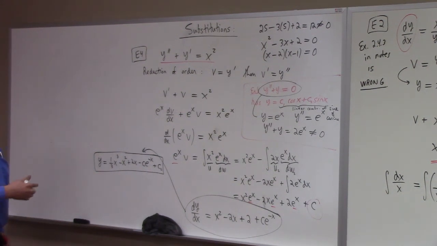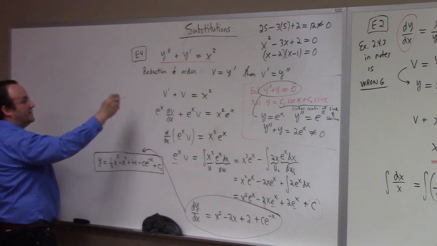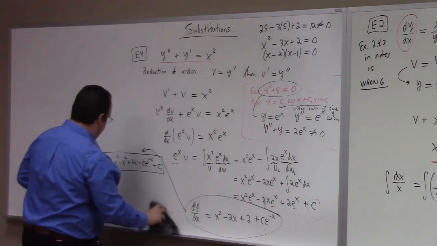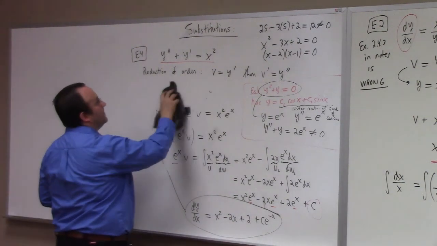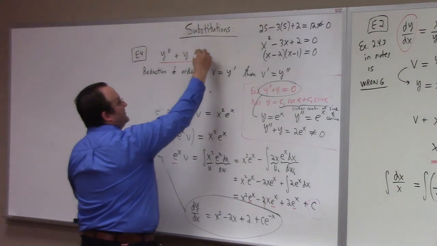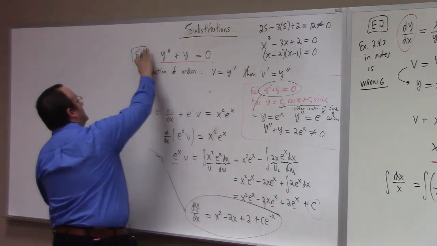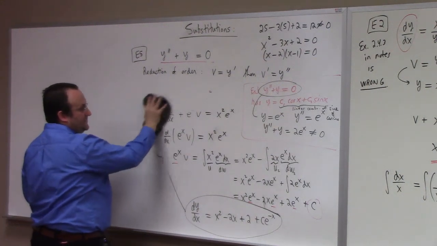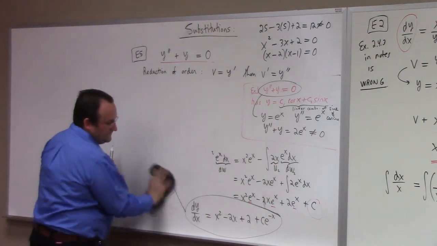Let's try. What happens if we try to do reduction of order on y prime prime? If you don't mind, I'm going to erase the previous problem here. And let's just do y prime prime, get rid of the x squared. No reason to make it too much trouble. y prime prime plus y equals 0. Let us attempt reduction of order here, see what happens to us.